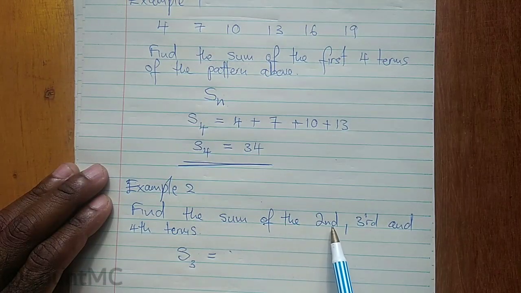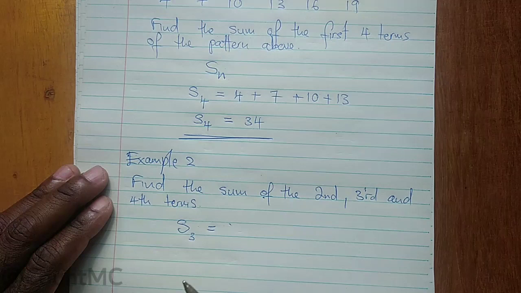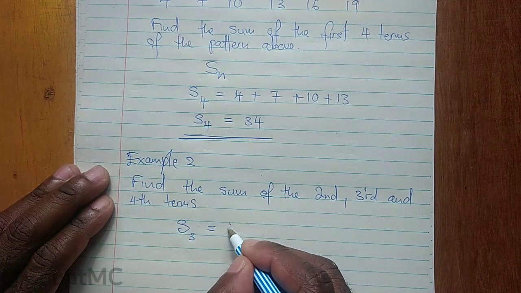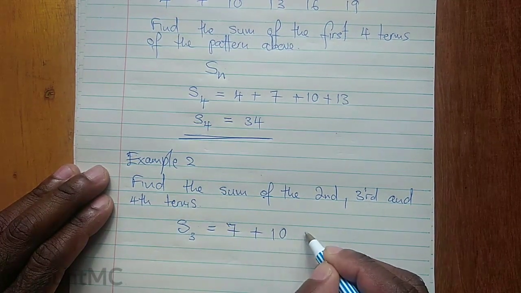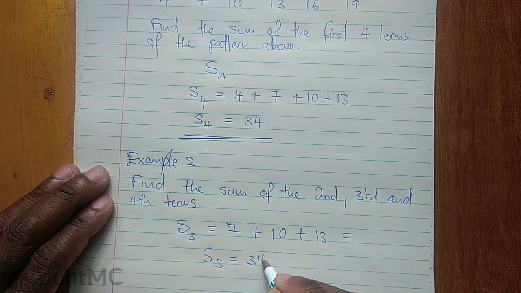Find the sum of the second, third, and fourth. So second, third, and fourth: 7 plus 10 plus 13 is equal to, S3 is equals to 34.